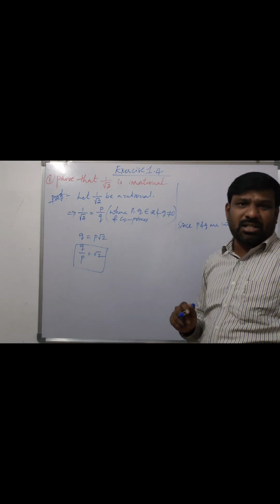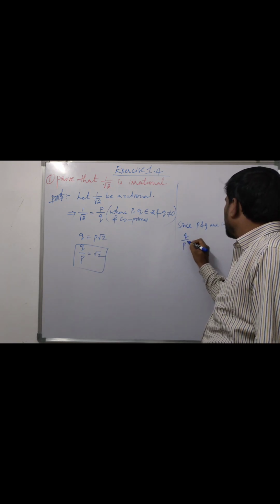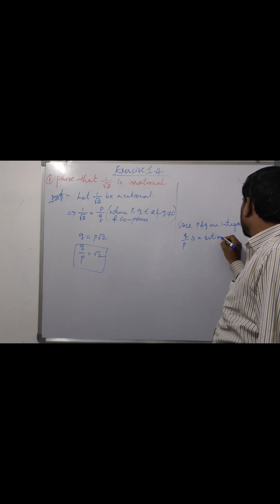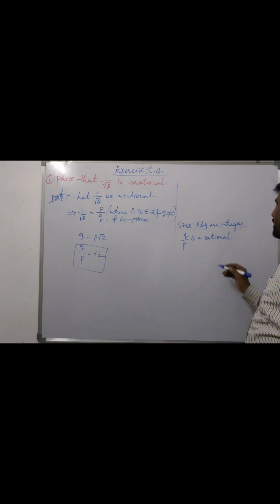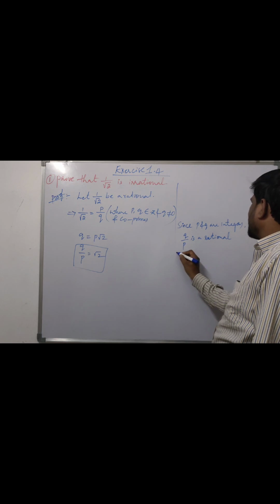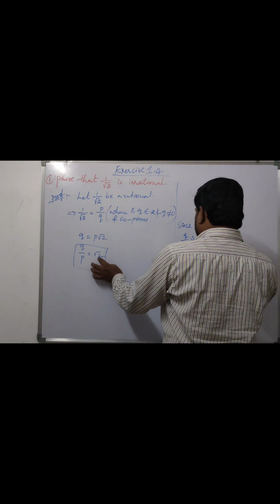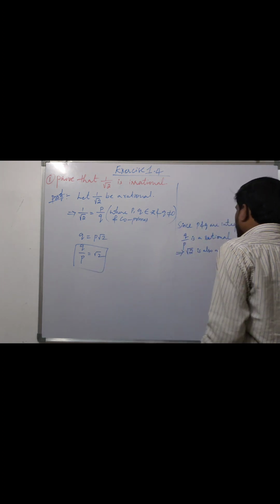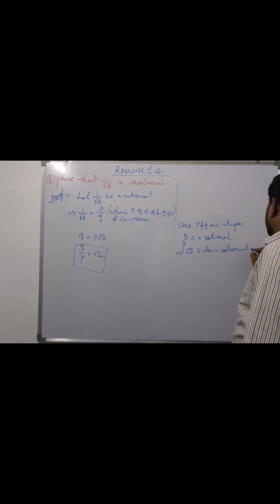Integer by integer becomes a rational number or not? That implies Q by P is a rational number, isn't it? Once Q by P is a rational number, that implies its RHS, root 2, should also be a rational number, no? Root 2 is also rational.